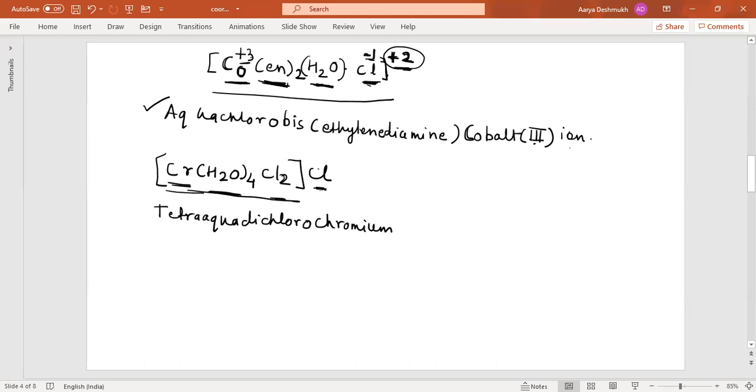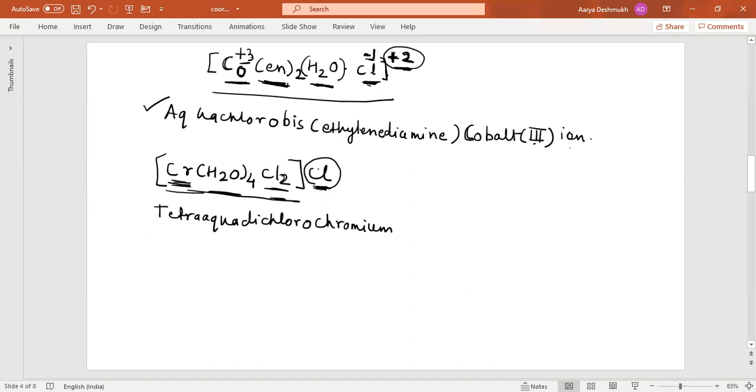Now here comes the question again: what should be the oxidation state of chromium? Remember, there is one chlorine atom outside the coordination sphere and 2 chlorine inside the coordination sphere. So this outside chlorine is for balancing the primary valence of this chromium.